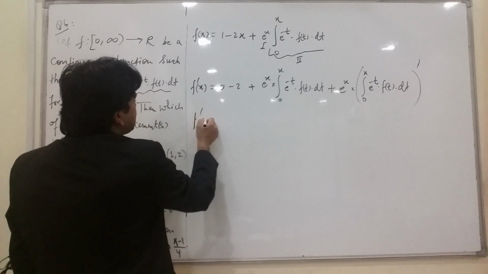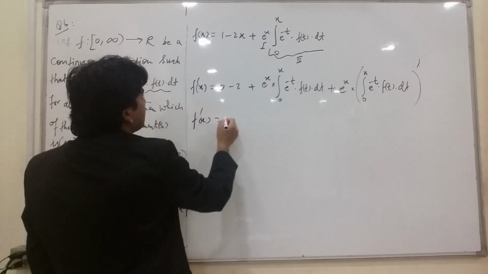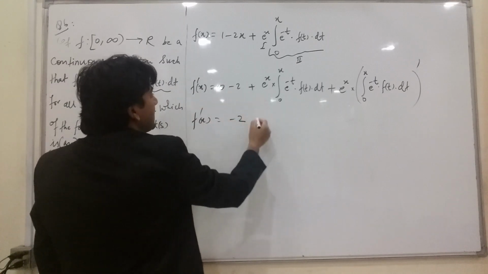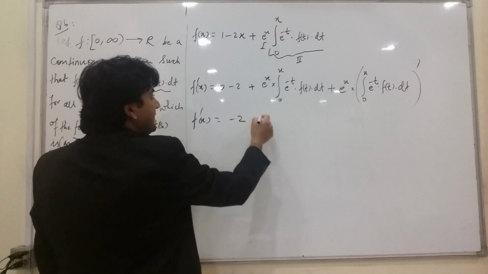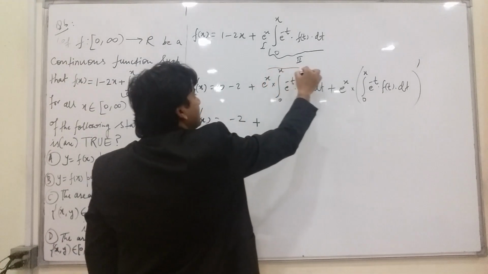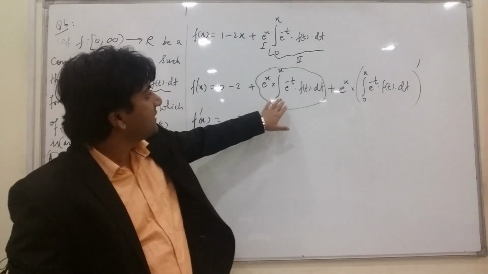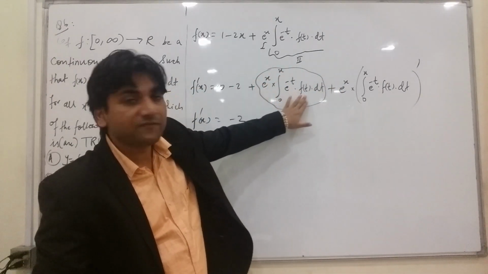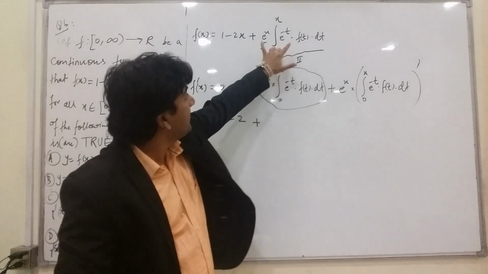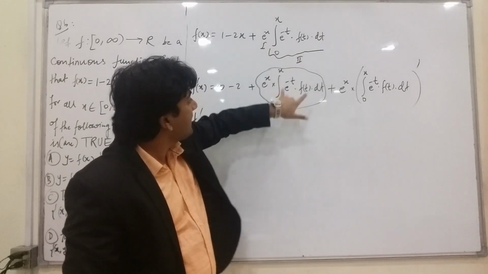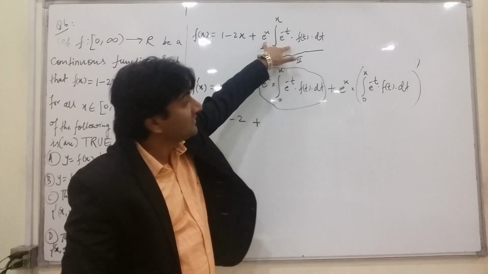Okay, then f dash x equals minus 2 plus, if you observe this one, what is this? This is e raised to x times 0 to x e raised to minus t f of t dt. This is nothing but this one. So I can replace this with this.